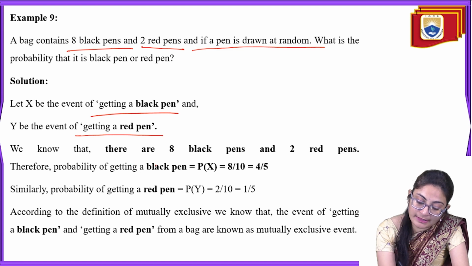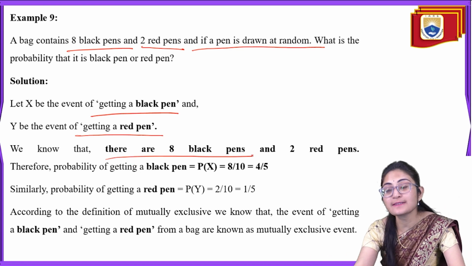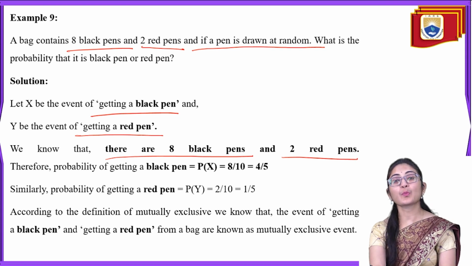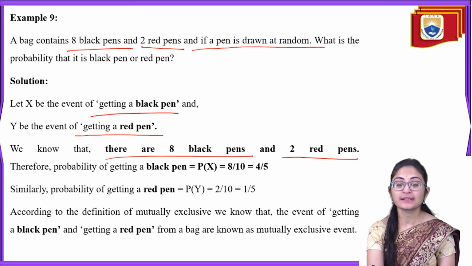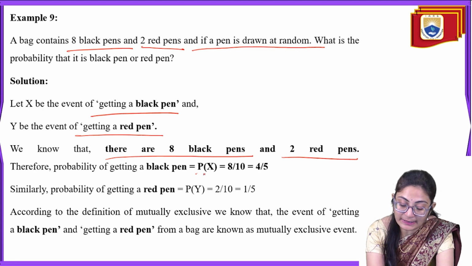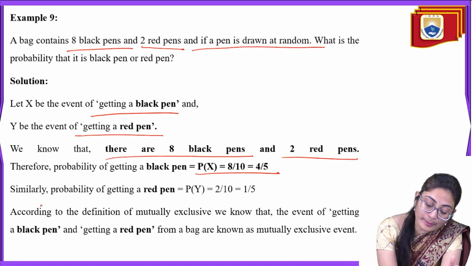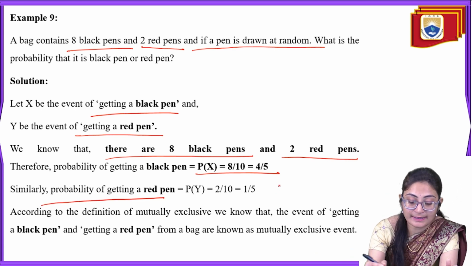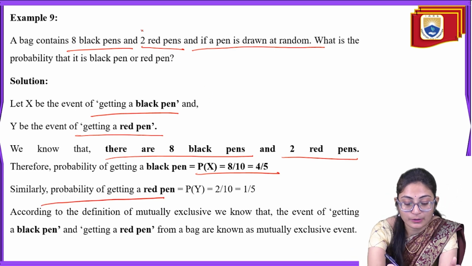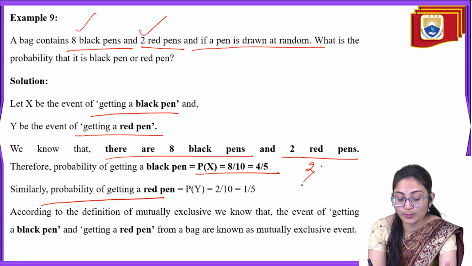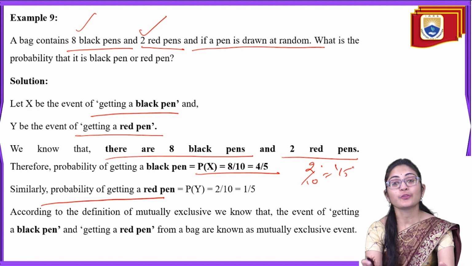Now we know that there are 8 black pens and 2 red pens. Therefore, the probability of getting a black pen, that is P of X, is equal to 8 by 10, equal to 4 by 5. And the probability of getting a red pen, we have 2 red pens and 8 black pens, so 2 by 10, that is 1 by 5.